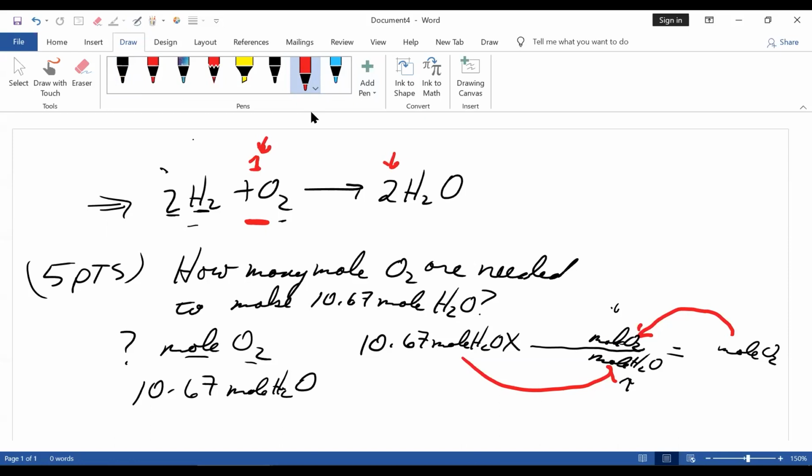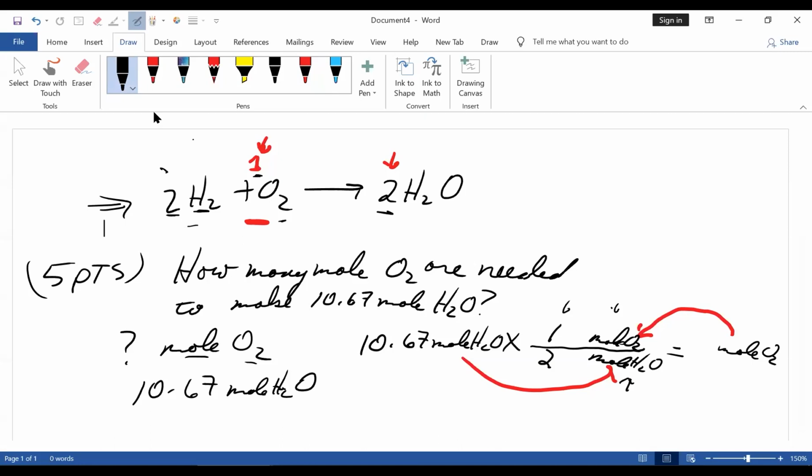Remember, the coefficients, the number in front in the balanced chemical equation, tell us molar ratios. And this tells us 2 moles of hydrogen react with 1 mole of oxygen to make 2 moles of water. So now, since I know that, and you know that, I know for every 1 mole of oxygen, I make 2 moles of water. We get that from these numbers.